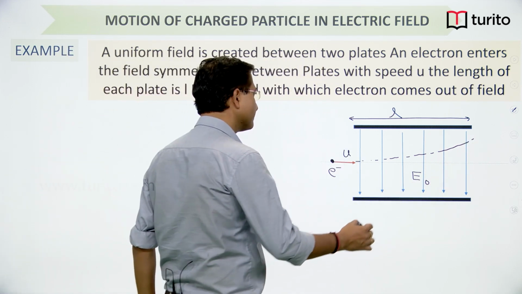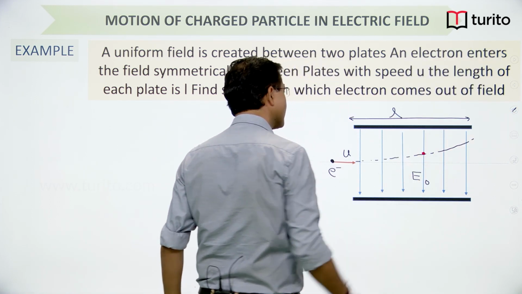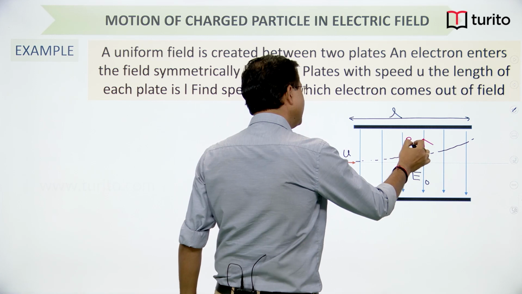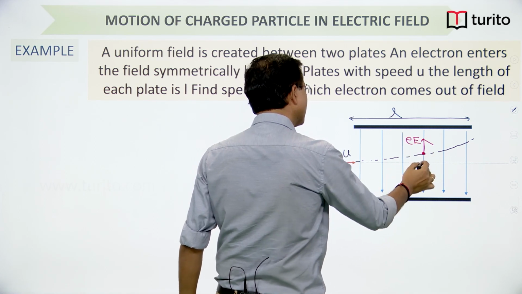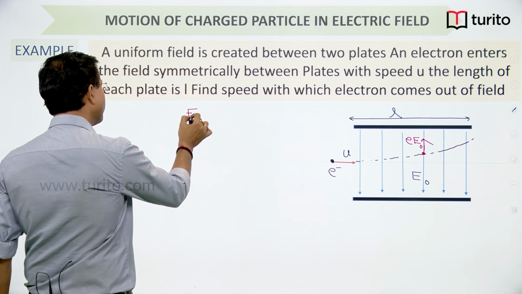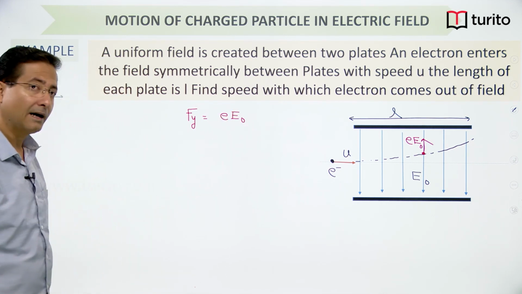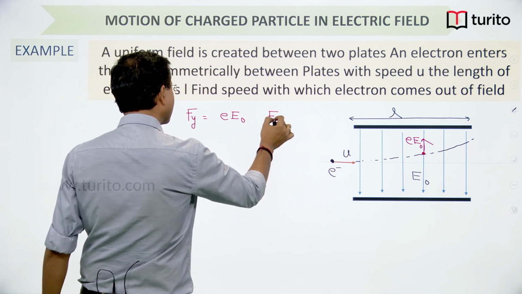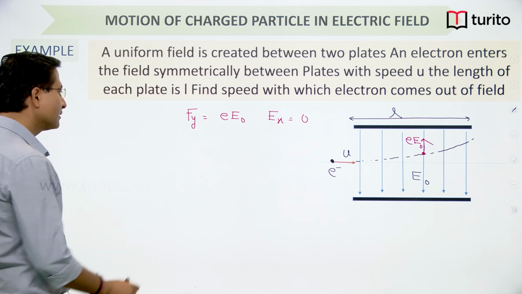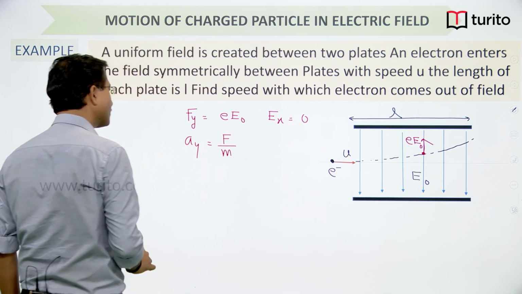So, at any moment, say somewhere here, it is experiencing force eE naught, where e is the charge on the electron. So, the force experienced by the charged particle in the y direction is eE naught, and there is no force in the x direction. If I ask what is the acceleration, the acceleration in the y direction is force divided by mass of the electron.